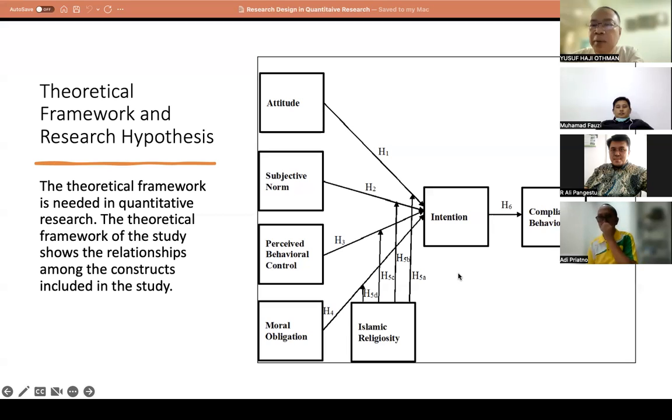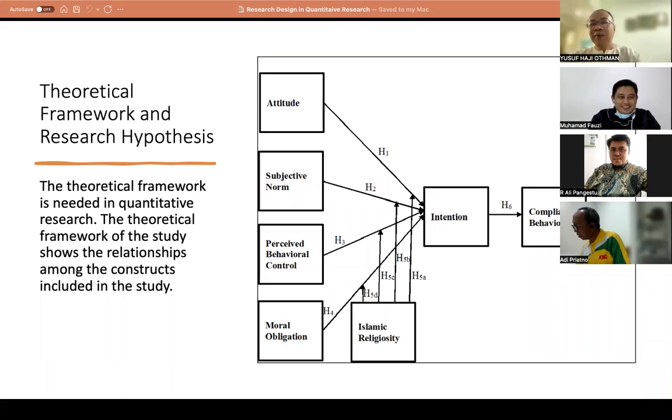Any question, Bapak Fauzi? Is your framework solid already? Or do you have any questions about your framework?